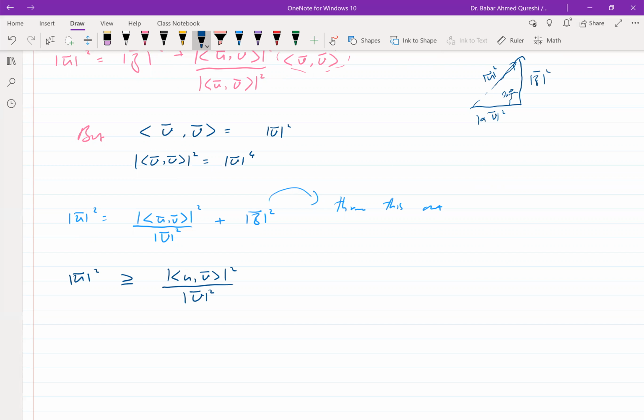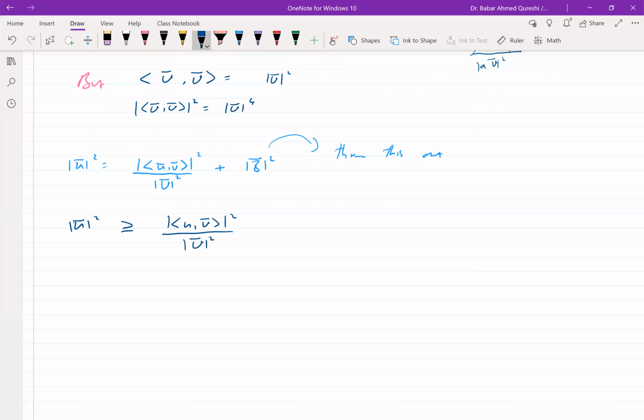And I have something positive downstairs, so I can take it to the other side without changing the inequality. And I get this, which is exactly the Schwarz inequality, which I had to prove.